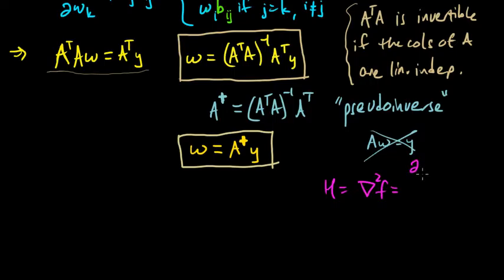So it's the partial with respect to xi, partial with respect to xj of f. So the ijth entry of this matrix is this second derivative of f.